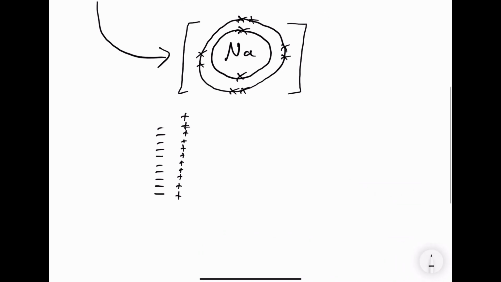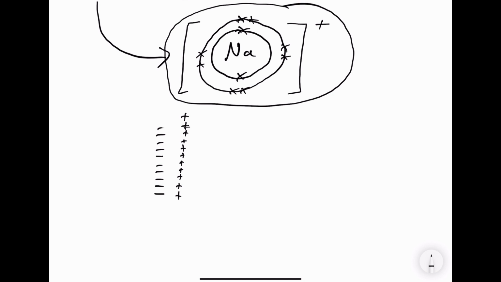So we draw a positive symbol at the top. And so this would be the diagram for a sodium ion. If you had to write its electron configuration, it would be Na+, and then the electrons in the first shell would be 2, and then 8 in the next shell.